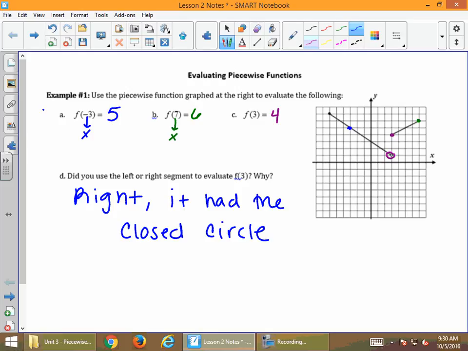Questions over there. If it has a closed circle, just go to the next one, and then that will be your answer. You can't ever use closed circles as your answer because that's technically not there. It's open. There's nothing there. It's an open spot. Okay? Gotta go to the one that's filled in. Questions?